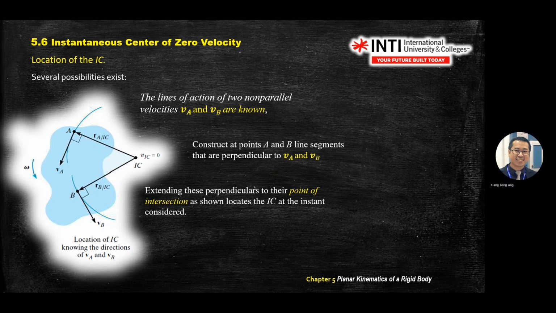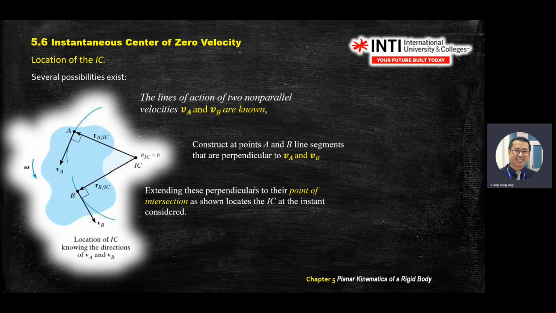So you know that in this body, A and B are always the same distance apart, like your eyes and your mouth. When this rotates, A and B will rotate in circular motion, and you can draw the velocity direction, always tangent to the curve. You mark point A, use your transparent ruler, and use the side to help you draw the line.